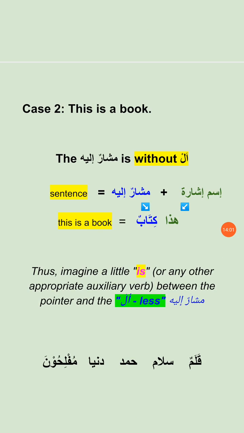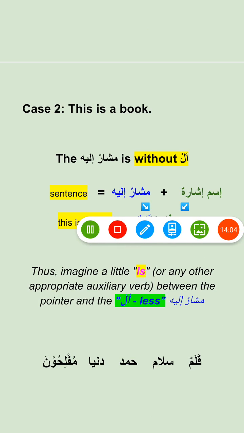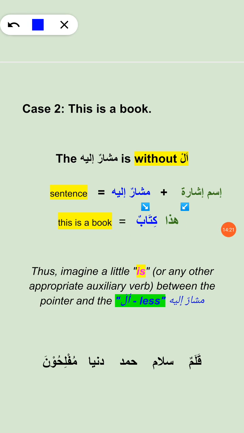This is a book. Now, previously, for an ism ishara and musharun ilayh to be a phrase, we needed the musharun ilayh to be coupled with al. If the musharun ilayh is not prefixed with al, it is simply a sentence.